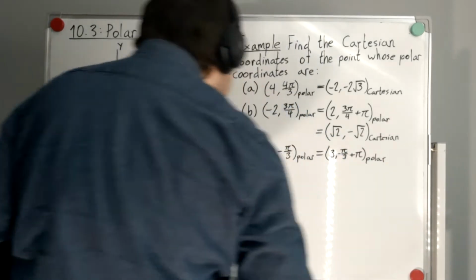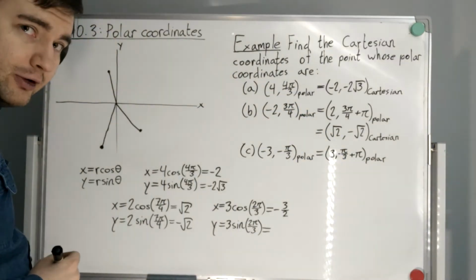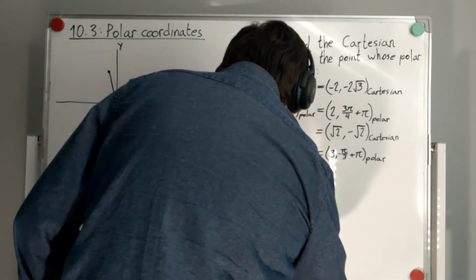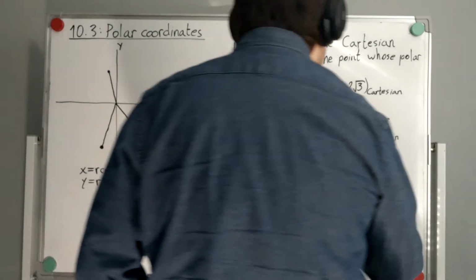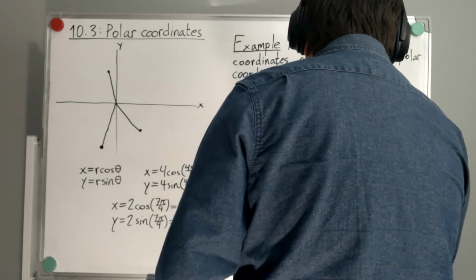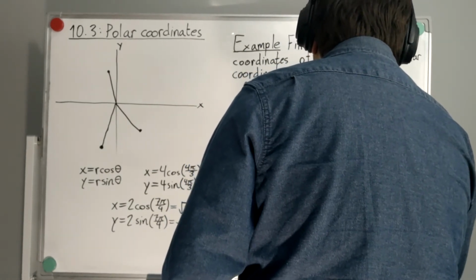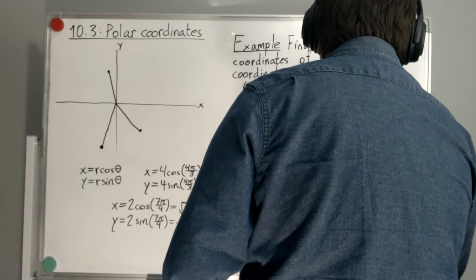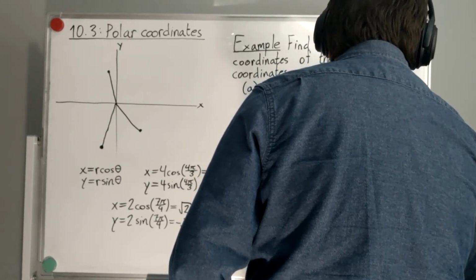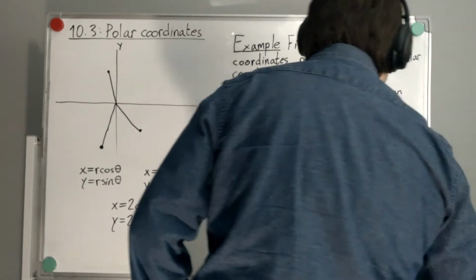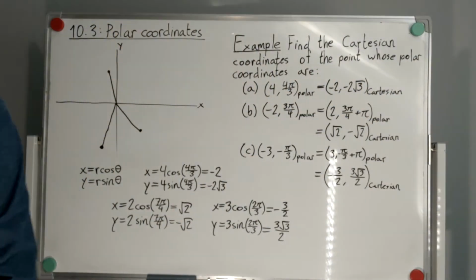And then sine of 2 pi over 3, that's root 3 over 2. So this is going to be 3 root 3 over 2. And so the Cartesian coordinates are just negative 3/2, 3 root 3 over 2, and that's all we wanted. Okay.